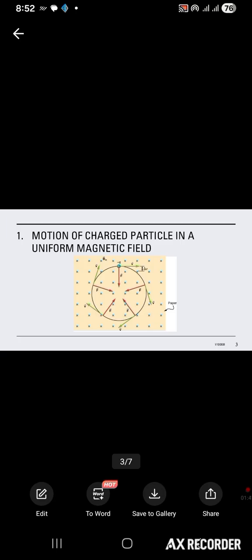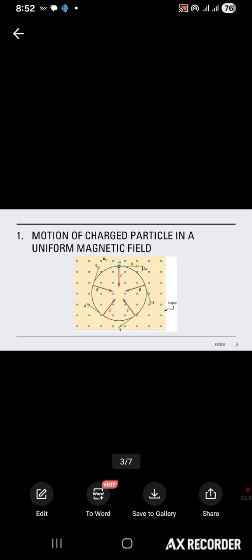The red arrows are showing the direction of the force, which is perpendicular to the plane where the velocity and B, the magnetic flux density, or magnetic induction, are.